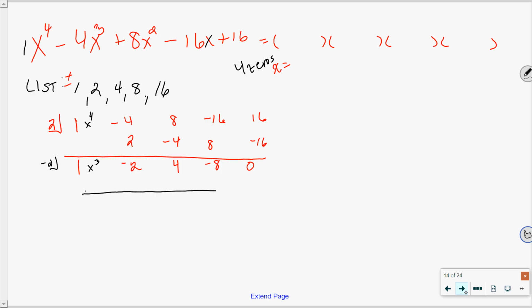Again, I totally forget which one works. So let's see. 1, -2, -4, 8, 12. Nope, it doesn't work. Did anybody try the ones? Let's try 1.